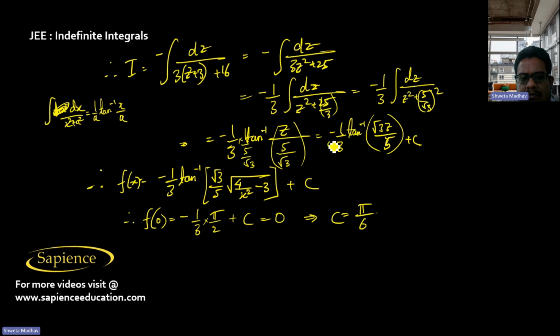This will be 5 root 3. So this is 5 root 3 into pi by 2 plus c. So c will be equal to pi by (10 root 3).